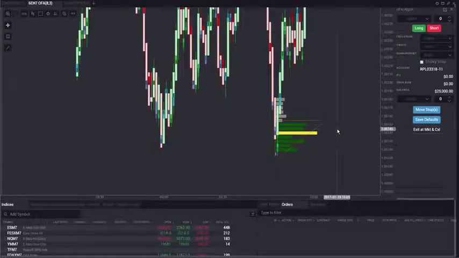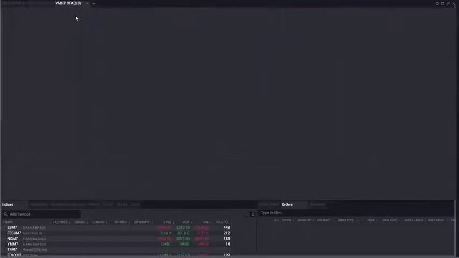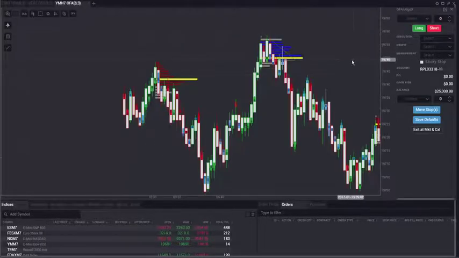To get in front of the point of control here, we have a 1, 2, 3, 4, 5, 6 tick stop. Whereas here, we're looking at 1, 2, 3, 4, 5, 6, 7, 8. We've increased our risk by a third just by having a profile that's as spread out as this one is.